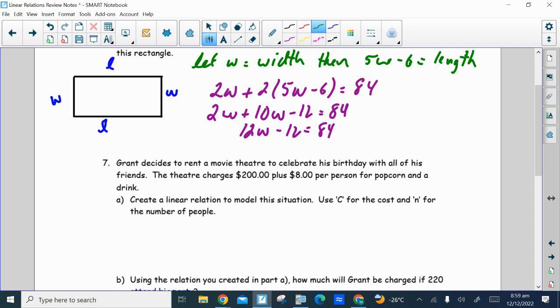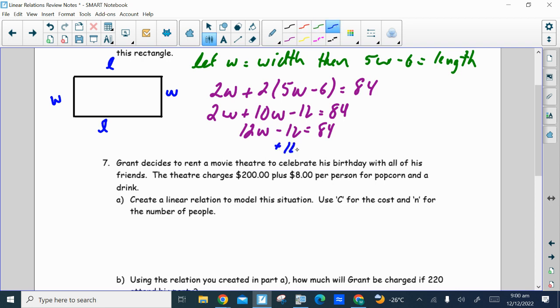When you combine the W's, like those are like terms. Remember, you can add and subtract terms as long as they have the same variable with the same exponent. So they're both W to the power 1 terms. We can combine them. So now we're going to solve for W.